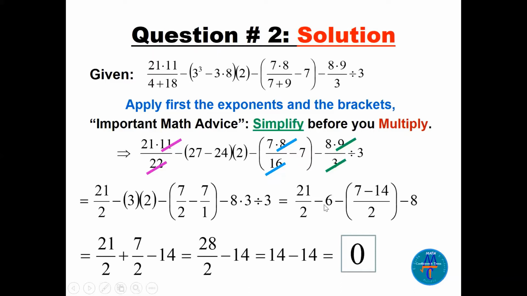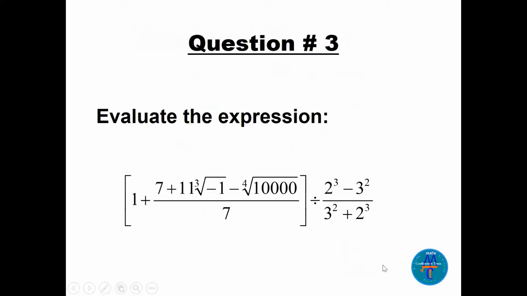Now, minus 6 minus 8 is minus 14. See, this is also, the LCD is the same. I'm trying to help. So 21 plus 7 is 28 over 2, 14 minus the 14, and the whole value is 0. Okay, let's see another one.